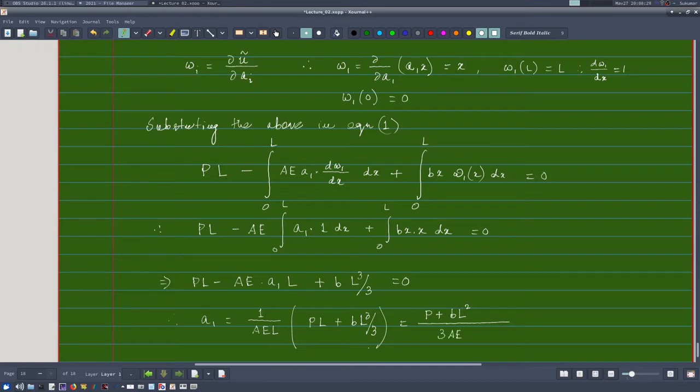This is the value of a1 we have got, right?